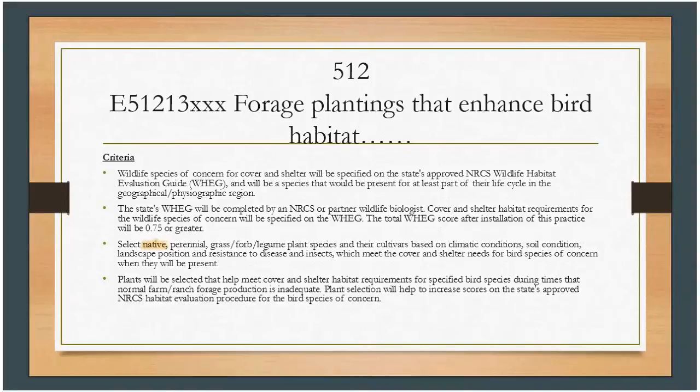So the criteria. You have to choose a wildlife species of concern, and you have to do a state WEG for these. Maybe I am speaking out of turn here now.